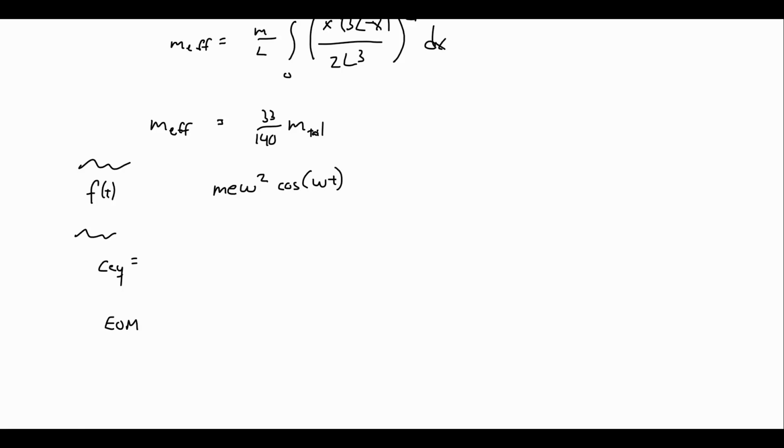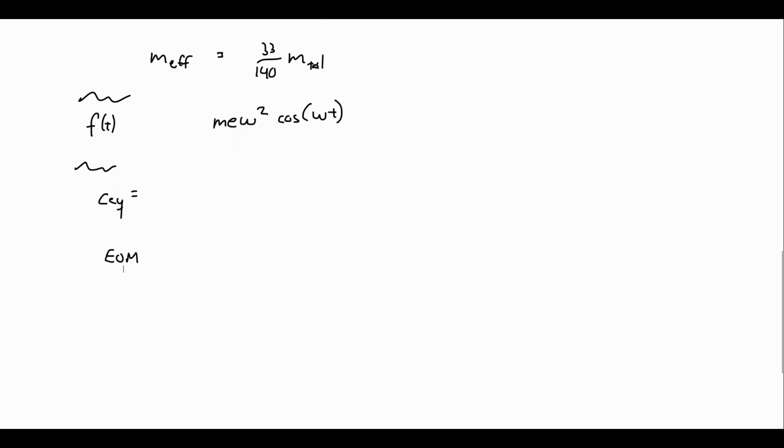So in front of the x double dot term, we have our MEQ, which is m plus 33/140ths times the mass of the tail. And that will be times, I'll call it v, so v double dot, plus some c, or CEQ, I'll just leave it as c, times v dot.